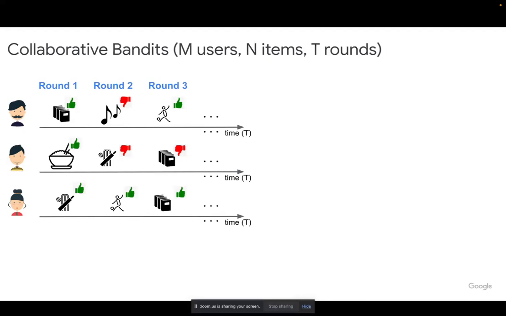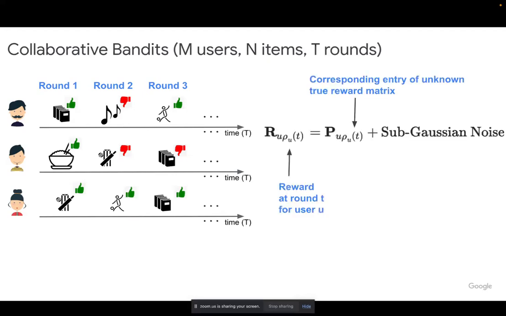So with this setting in mind, let me rigorously define the notion of reward. For a particular user U at round T, suppose the recommended item is denoted by ρ_U(T). In that case, the reward at round T for user U is P_{U,ρ_U(T)}.